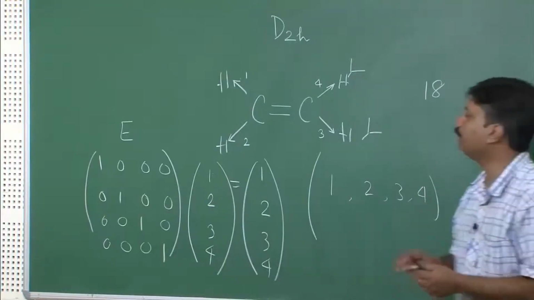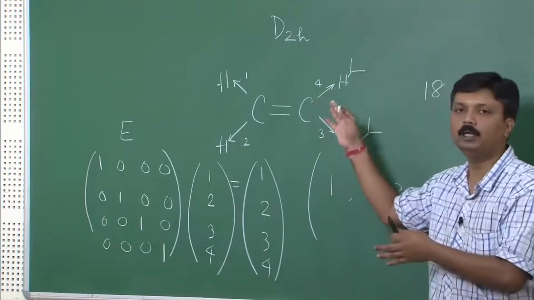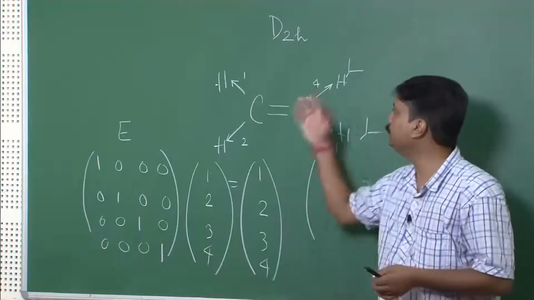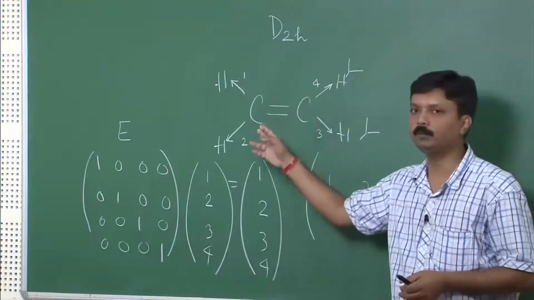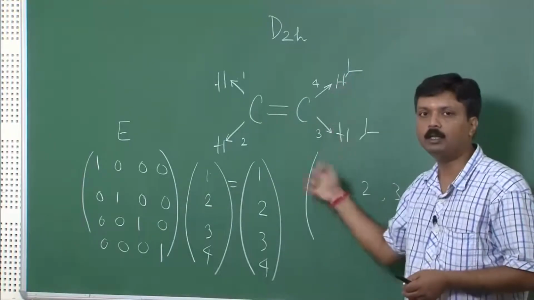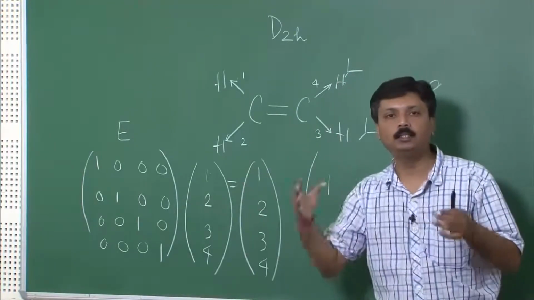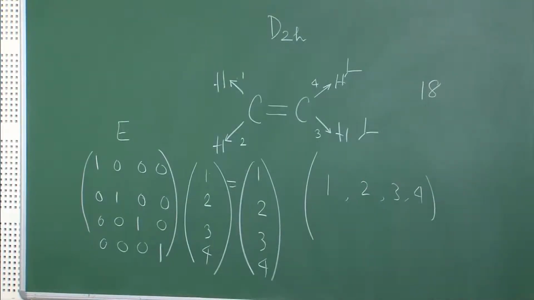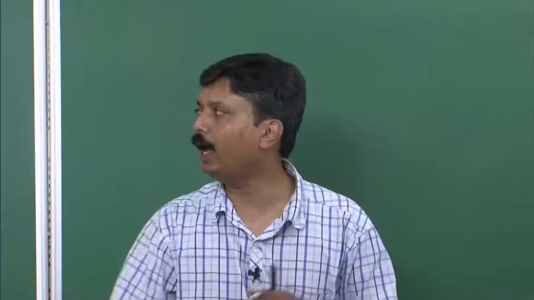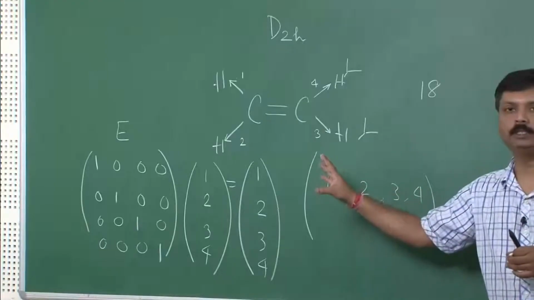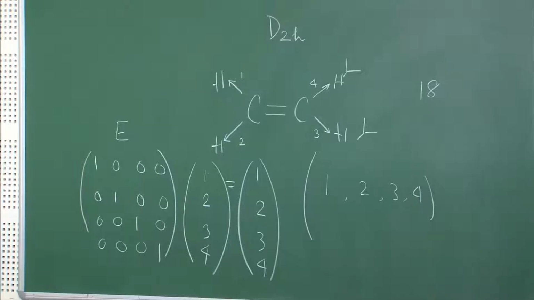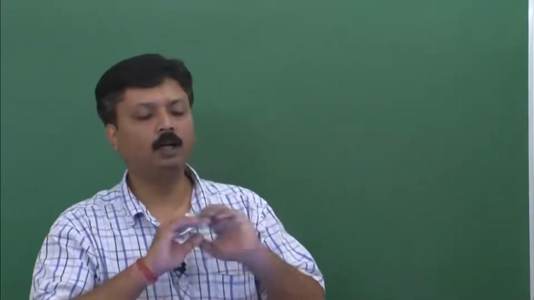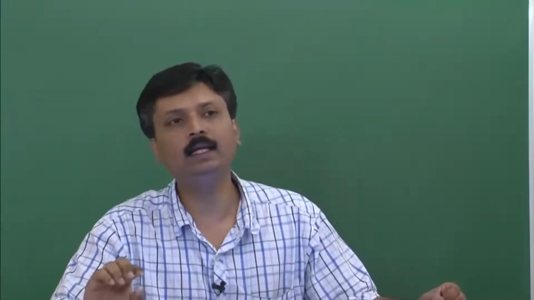I can choose other things. For example, I can use various different orbitals. Say I can choose the pz orbitals of these carbons, or I can choose the s orbitals of hydrogen. I can constitute a basis set having n basis functions in it, and then I can form those representations. So that's why we say that we can form a very large number of representations for any given point group.